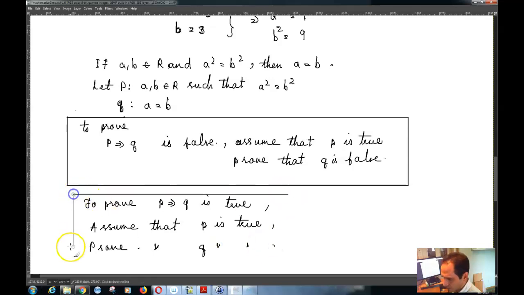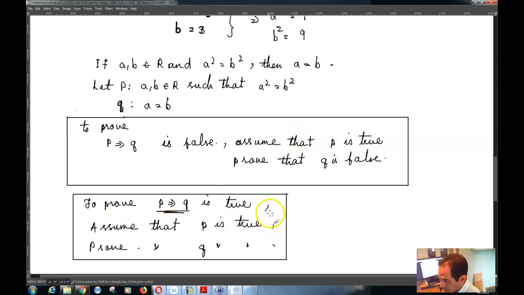Now to prove that P then Q is false, you make the same assumption that P is true, and then you prove that Q is false. Okay?